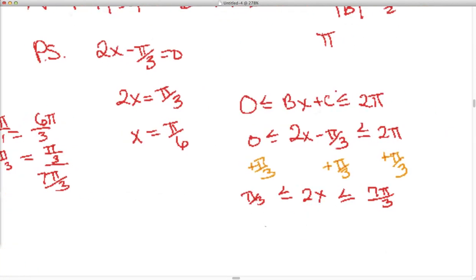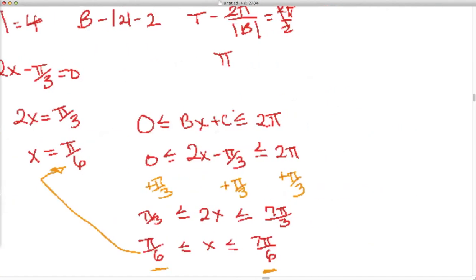Divide by 2 everywhere. And that tells you that the first one is the beginning point of your graph, and the last one is the end point. And the beginning point should match up with the phase shift you found earlier. Okay. All right. Let's move on.